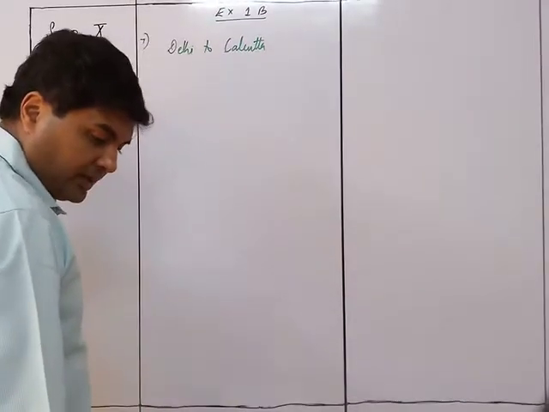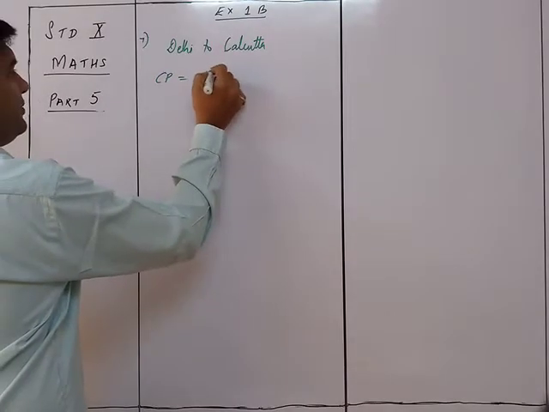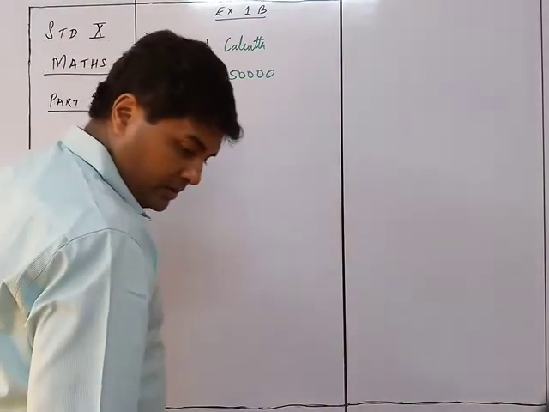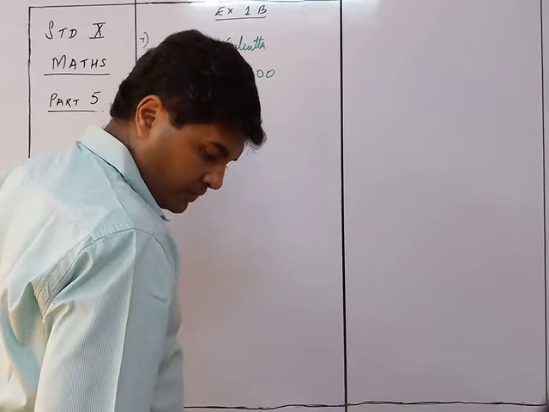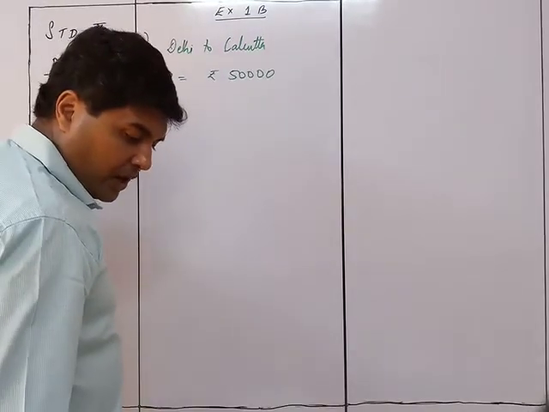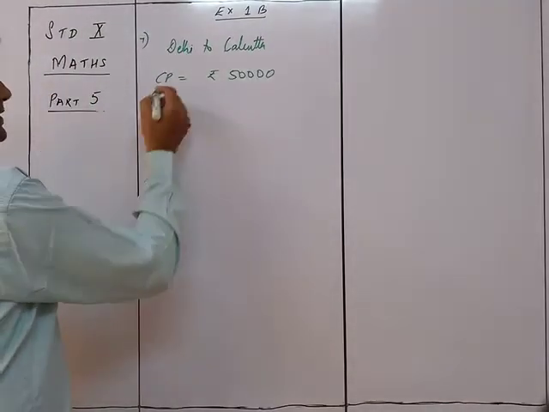So Delhi to Calcutta, CP is equal to rupees 50,000. So find the output tax. So for Delhi, what is the output tax? That is on the selling price.